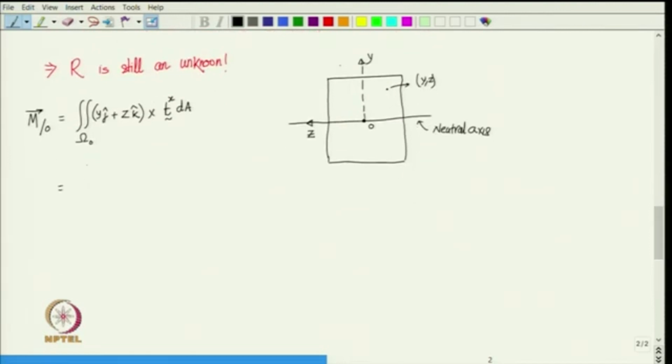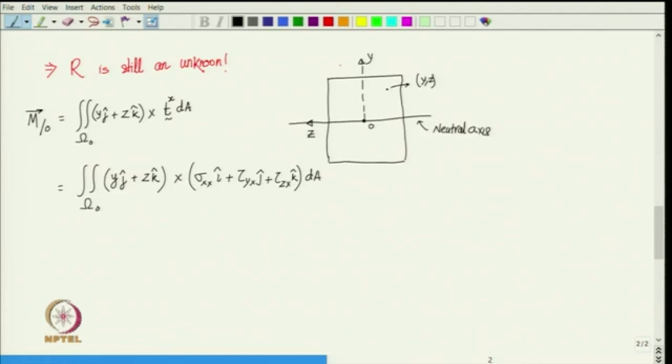So, this is equal to integration over the cross section y j plus z k cross product T x. So, it has got 3 components, sigma x x into i plus tau y x into j plus tau z x into k times d a.